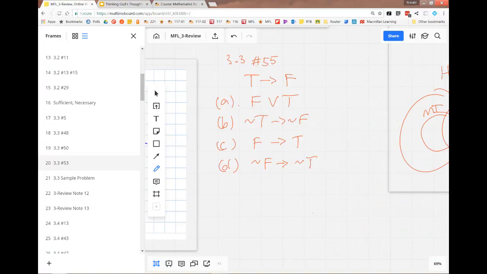It'd be the opposite. Can you already see D is good? Yep, because it's the contrapositive. That's what I had, I just wasn't sure. Now, hang on, there might be another. No, there isn't.